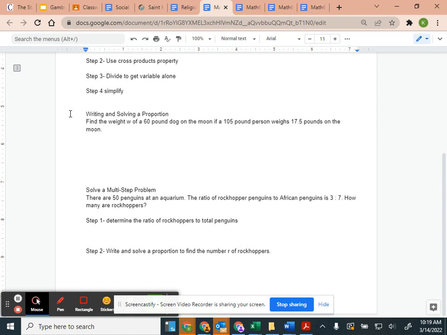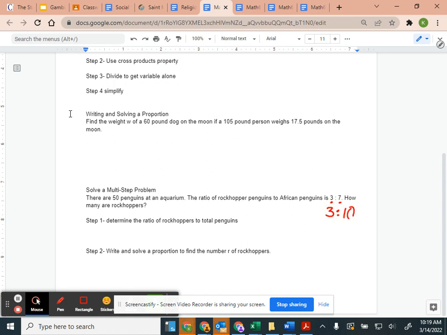So, Scarlett, do you remember what to do? Put your hand down. Okay. So if there are 3 rockhoppers for every 7 African penguins, there are 3 rockhoppers for how many penguins altogether? 10, right?